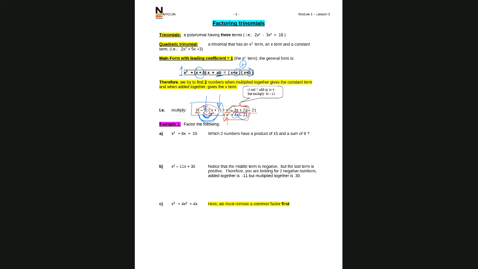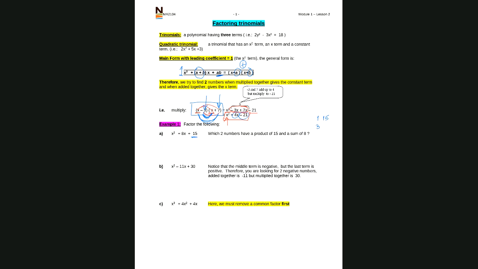So for this first example, in 1a, we have the constant of 15. So we need to find two numbers that have a product of 15. If I list them on the side, and this is a positive 15, so of course we have 1 and 15, we have 3 and 5.